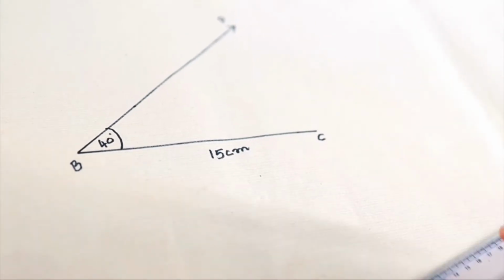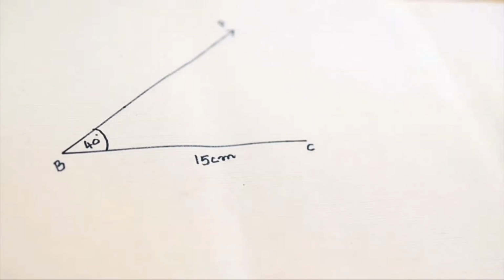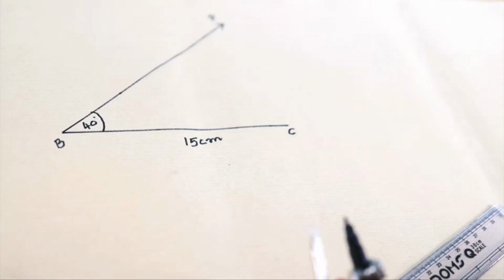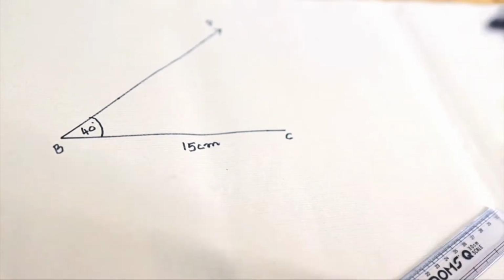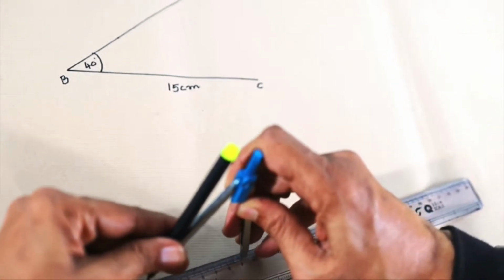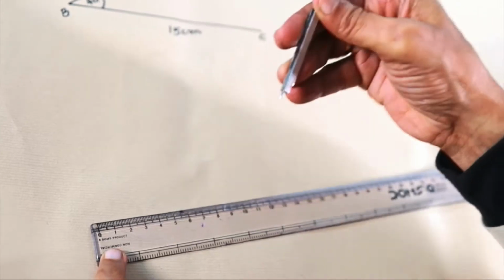BC. Okay, now let us take compasses and with the radius as say 9 centimeter. So from here to here is 9 centimeter.